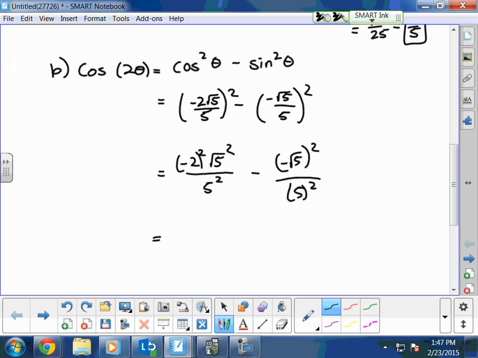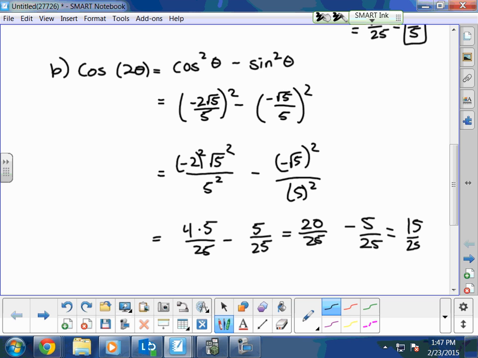This becomes now negative 2 squared is just 4, times 5 over 25, minus, let's see, this is going to become positive 5 over 25. Now, this is really 20 over 25 minus 5 over 25. We're just going to make an answer of 15 over 25, which is going to reduce to 3 over 5. So there's your answer for that one.